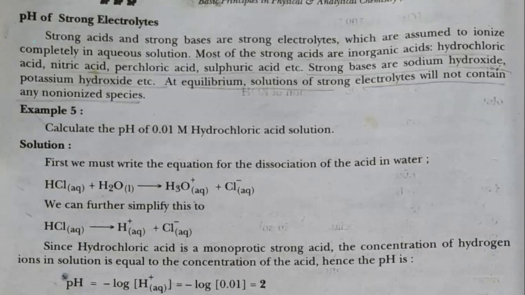Now see, what is the pH of a strong electrolyte? As we know, most of the strong acids or bases are inorganic acids or inorganic bases. Inorganic acids you know: HCl, that is hydrochloric acid, nitric acid, perchloric acid, sulfuric acid. These are inorganic acids. The strong bases are like sodium hydroxide and potassium hydroxide.